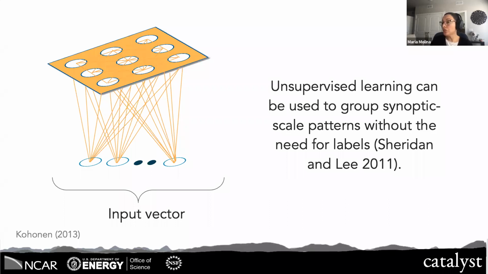Essentially, a self-organizing map is an artificial neural network that we initialize. For a self-organizing map, you would arrange neurons or nodes on a two-dimensional lattice like this. Here, this schematic has a 3x3 architecture, so we essentially have 9 nodes.